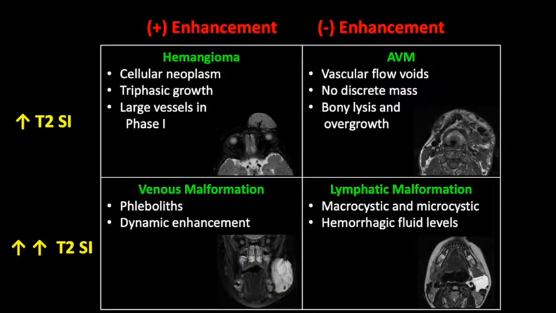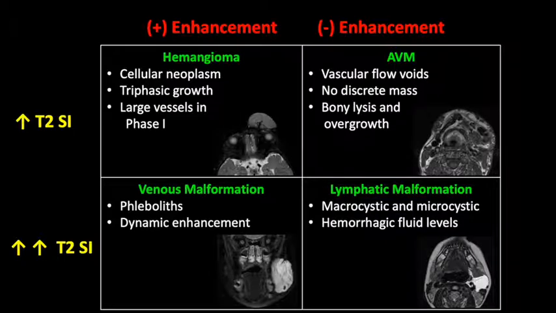All right, so we're wrapping up. Let's summarize what we have seen for these 4 common vascular lesions. We put together our grid with enhancement features on the top and T2 signal on the left, and we saw how hemangiomas, which are cellular neoplasms, typically give you avid contrast enhancement, but only moderate T2 signal intensity because they are so hypercellular in their proliferative phase.